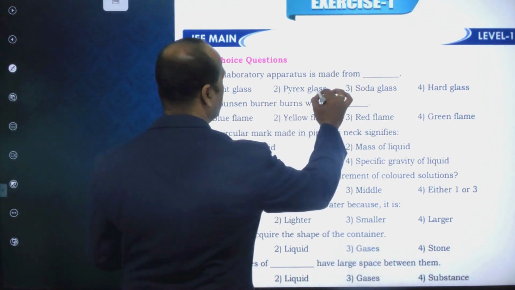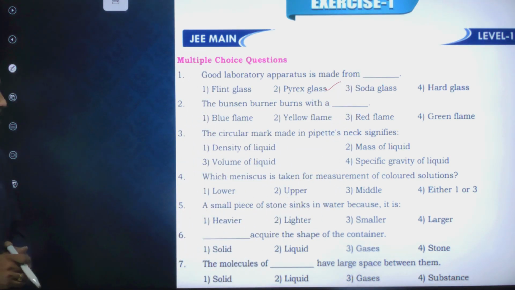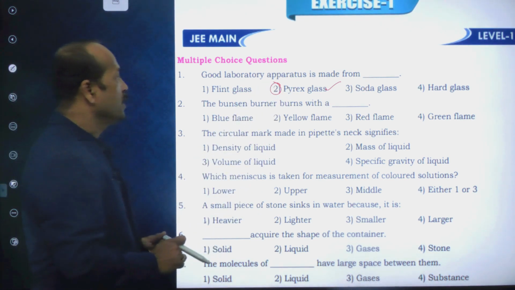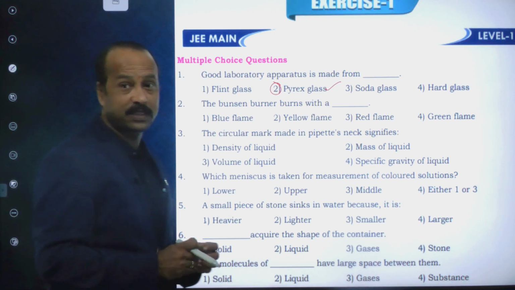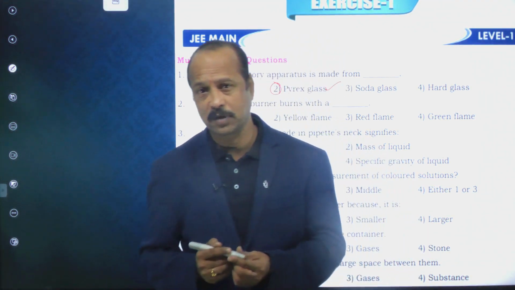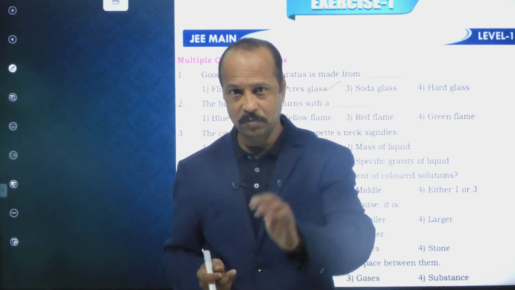Among these, Pyrex glass is the important one, so Pyrex glass is the answer. Next, the second one: the Bunsen burner burns with what? Generally we use LPG only. At home, while your mom is cooking, I think you might have observed.